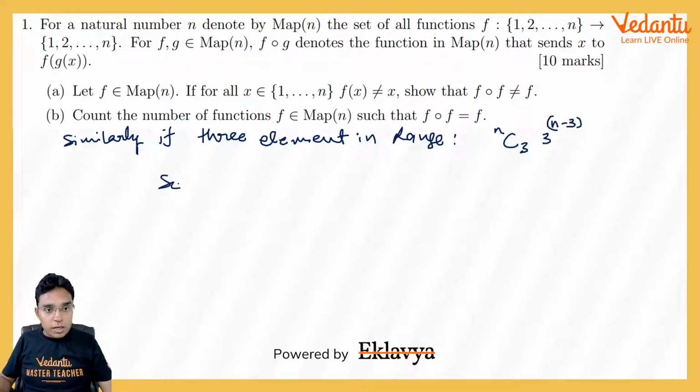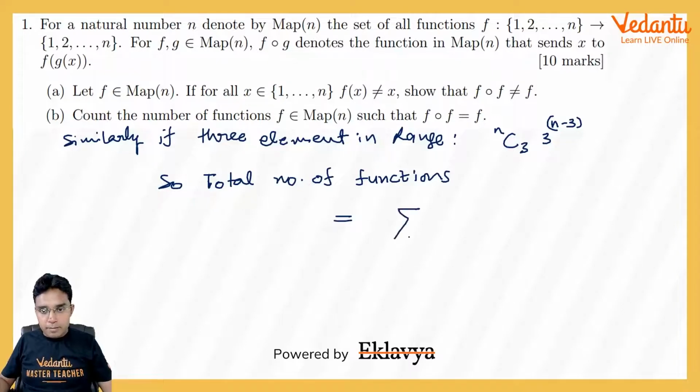So the total number of functions would be the summation of NCI and I raised to the power n minus I, where I will start from 1 and go till n.